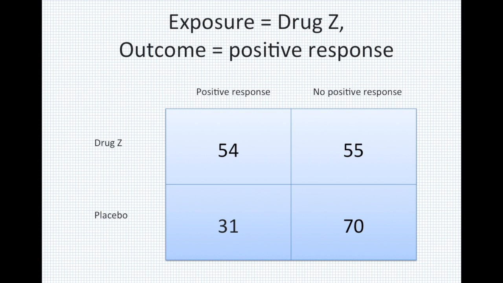So, while efficacy is interesting, it's not necessarily the most common measure of association in randomized control trials. If you can think back to relative risk ratios, that is what is generally used. Here we have another 2x2 table with our exposure being drug Z and our outcome being positive response.